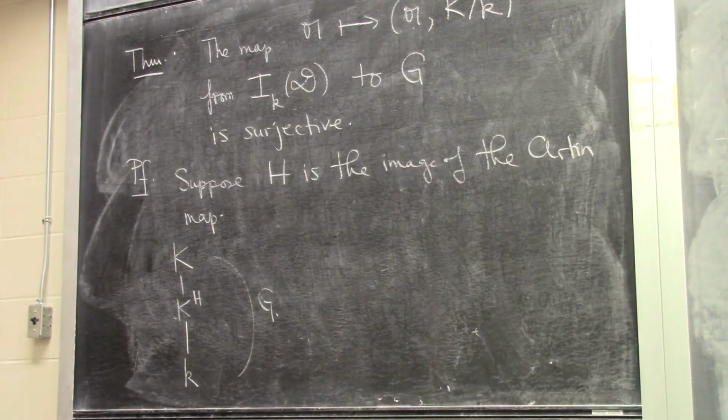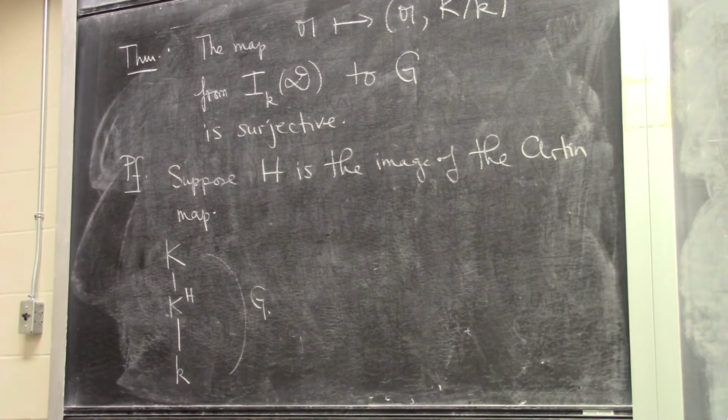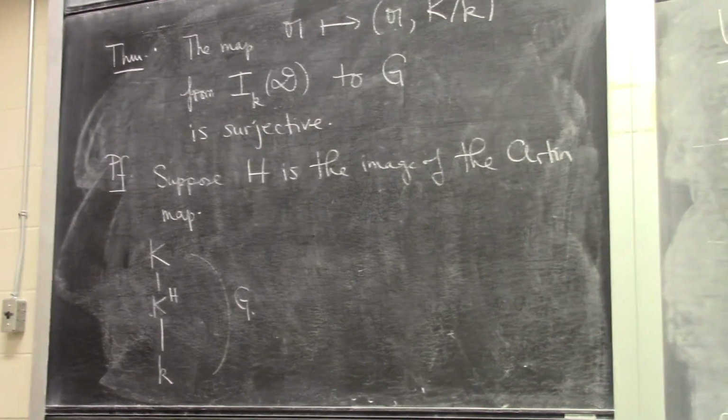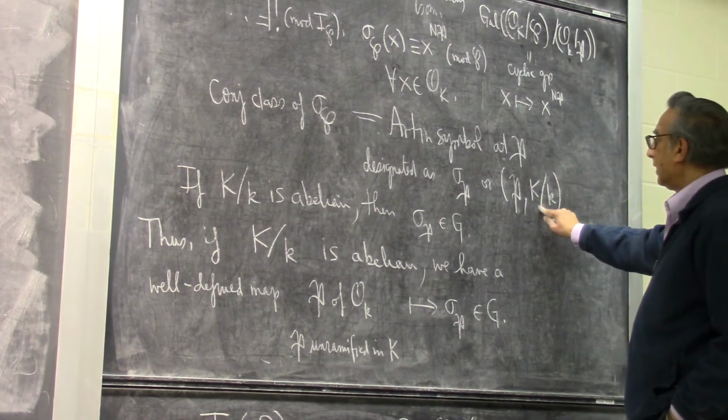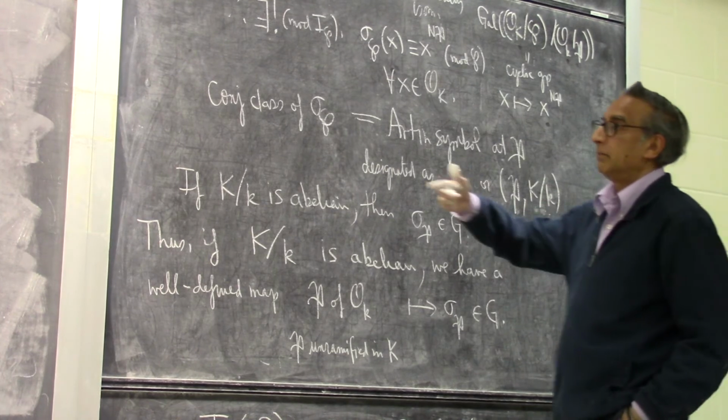Now let's keep in mind this definition of our Artin symbol. When is this symbol 1? Well, that means it's the identity element. It's the identity element if P splits completely.